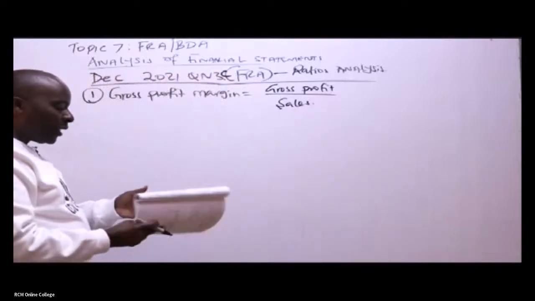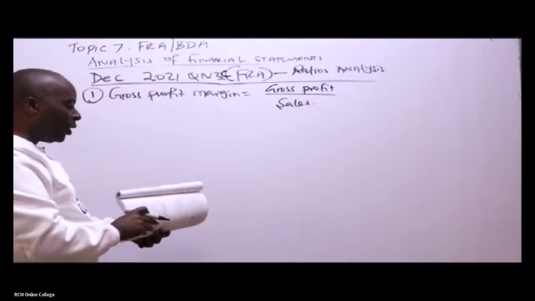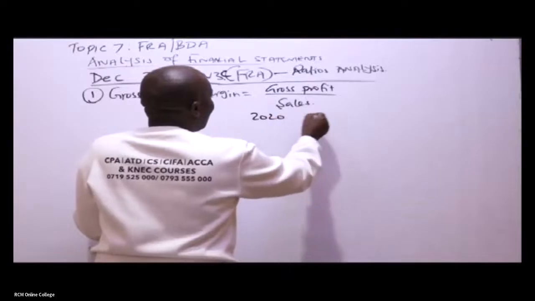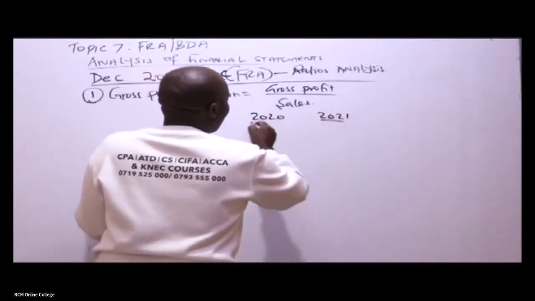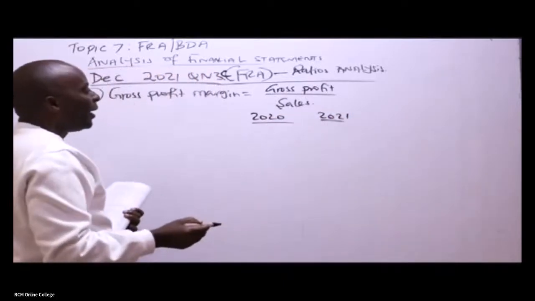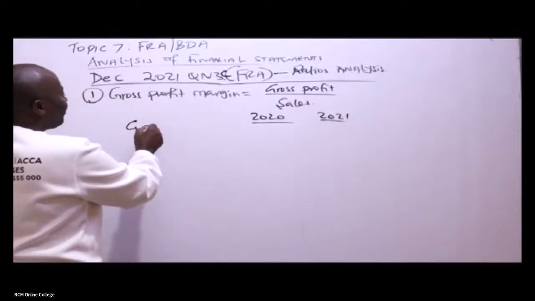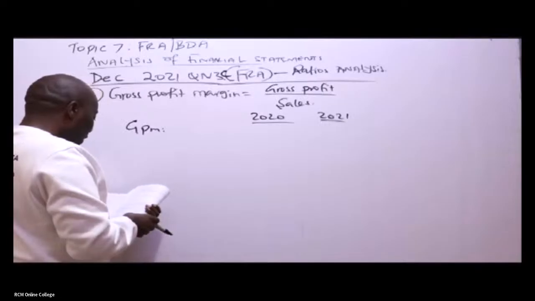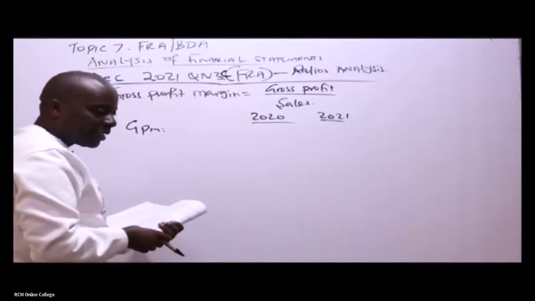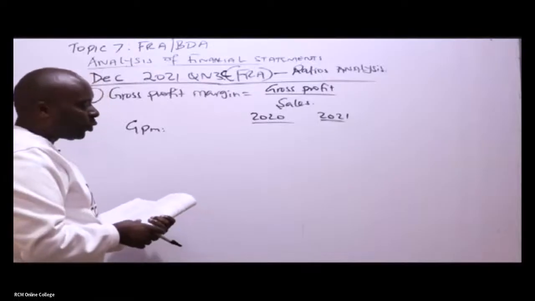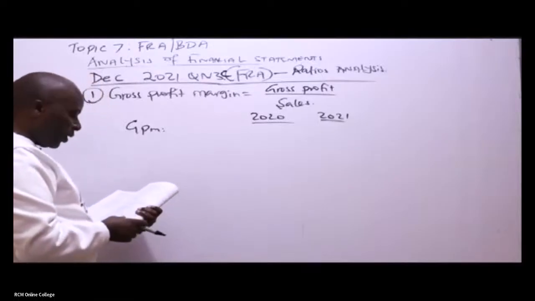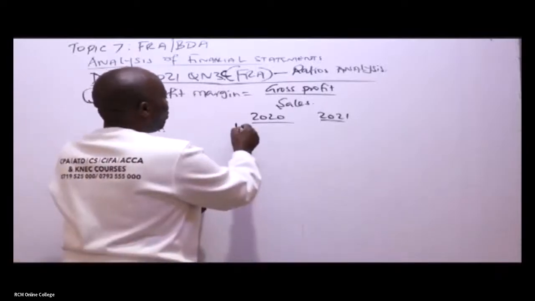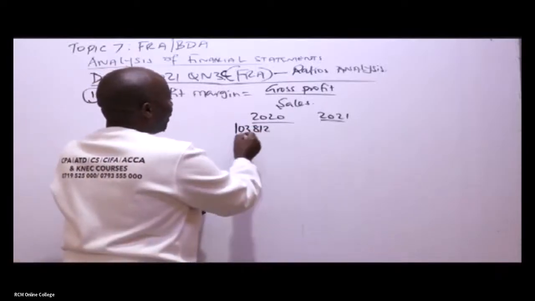Let's calculate this for each of the 2 years, 2020 and 2021. For 2020, I can see the gross profit is 103,812.